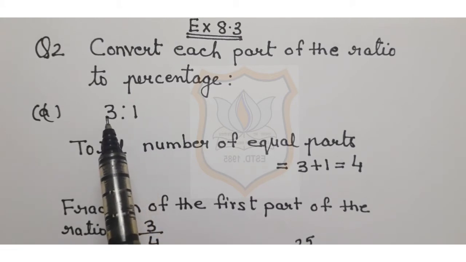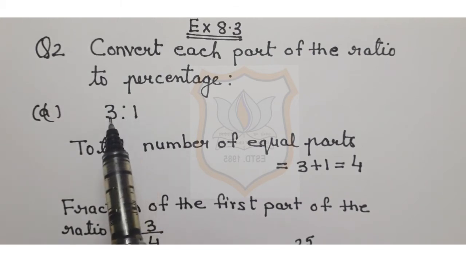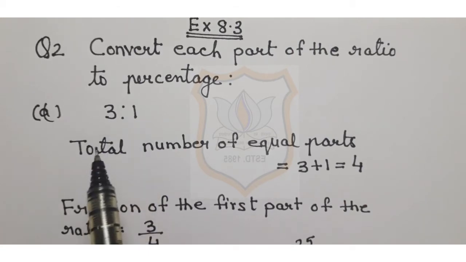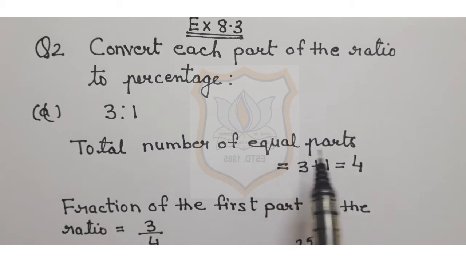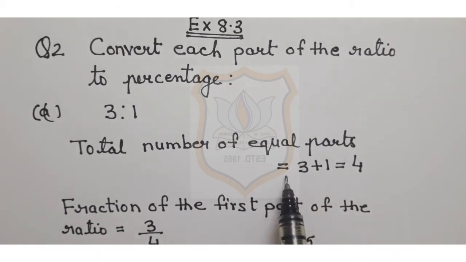The ratio is 3 is to 1, so we add 3 plus 1, which is equal to 4. So the total number of equal parts is 4.